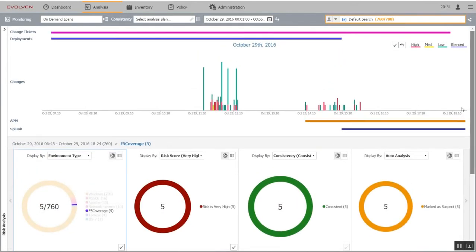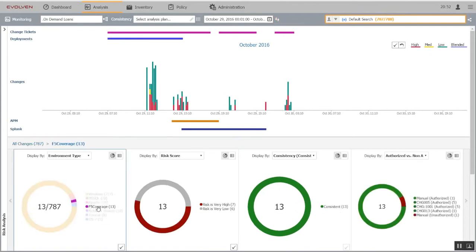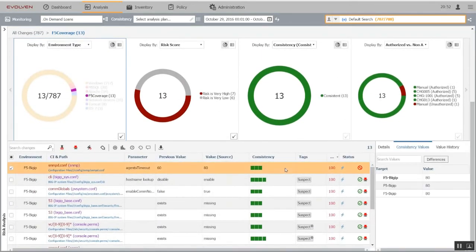Second question that was asked, remember, was whether there were any unauthorized changes during the same time period that we're looking at here. So again, we're looking at all of the F5 servers. And now we can see very quickly that we did actually have an unauthorized change. During this time period, one of these came up as an unauthorized change, and we can see right here that it's a timeout setting.